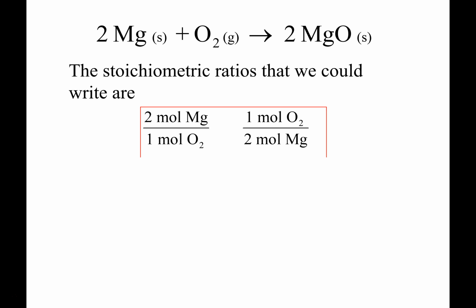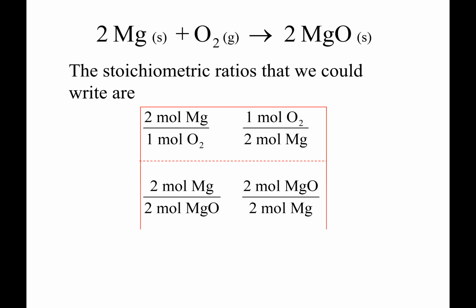Now that's focusing on 2 reactants. But I've got 2 more. I could focus on one of the reactants and the product. Now this is where sometimes students are like, well, the stoichiometric coefficients are both 2, so I know that we could reduce this.